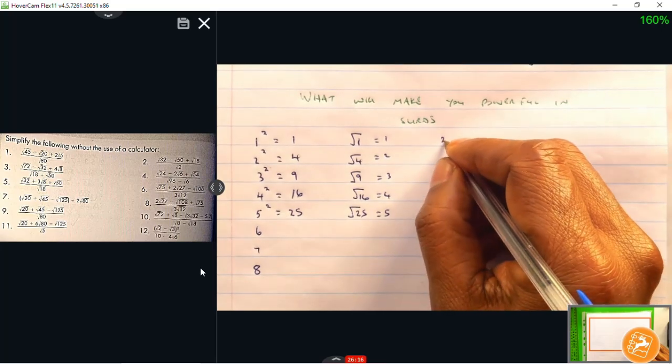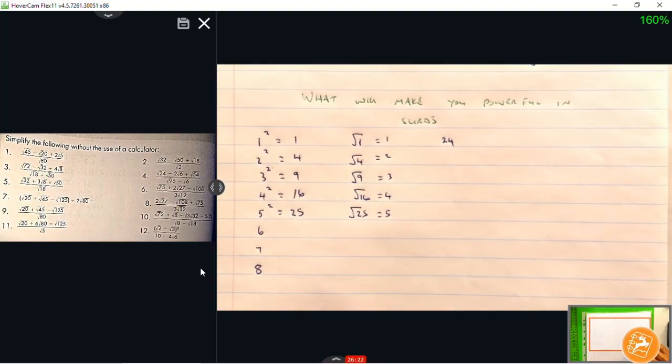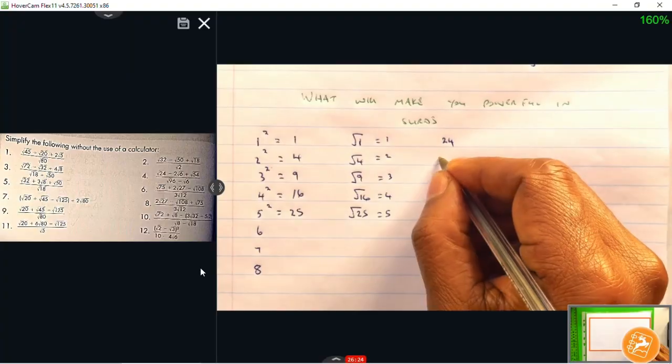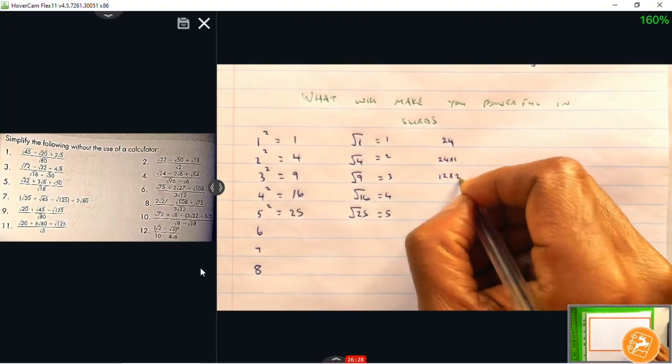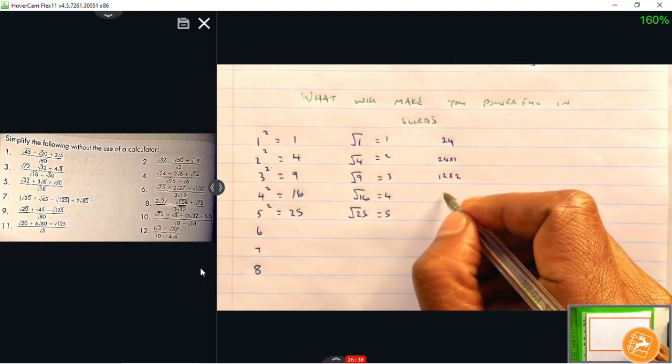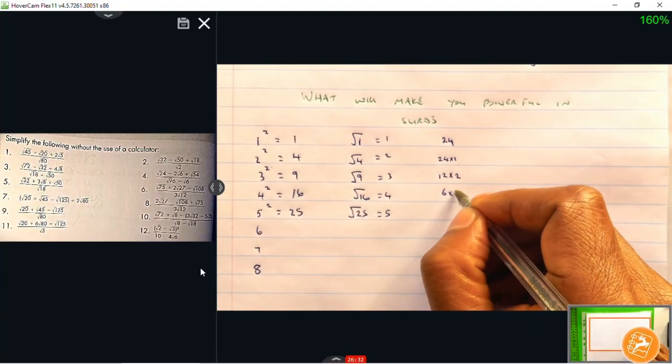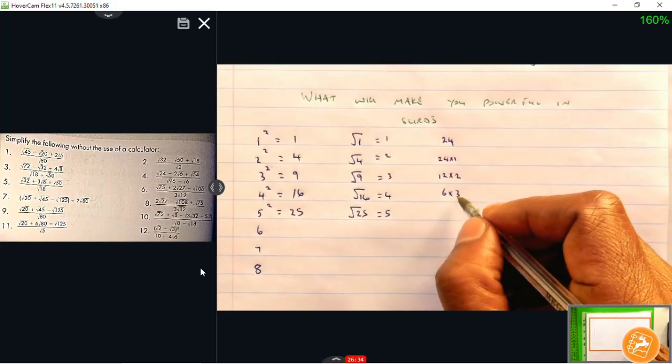Then, when you are able to do this, you must also know your factors. If I have 24, what can I make that 24 into? I can make it into 24 by 1, or 12 by 2. Then I can make it into 6 by 4.